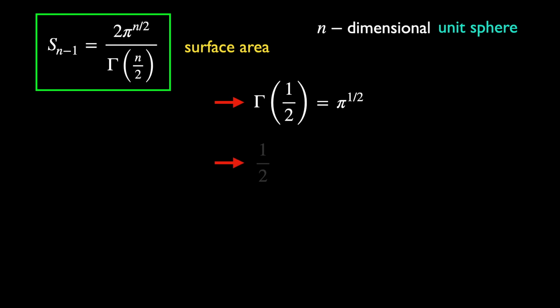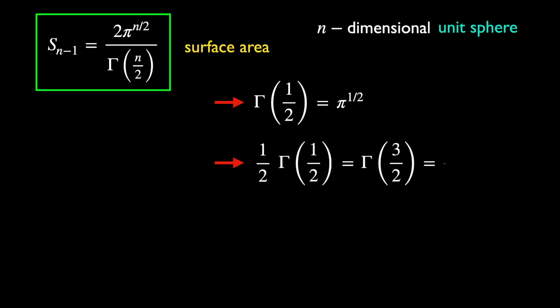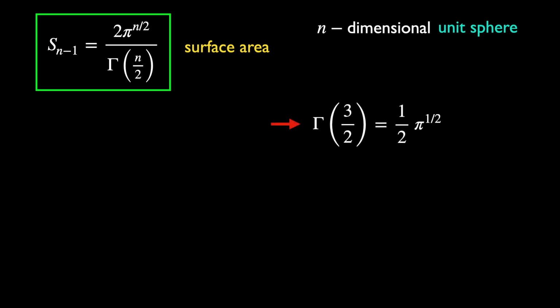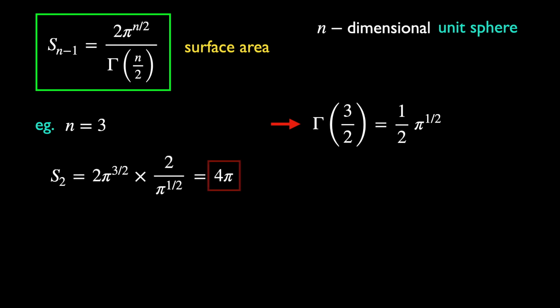By the recursive relation, we can calculate gamma of 3 over 2. This is required for the case of n equals 3, our standard example. Indeed, the surface area of a unit sphere in 3-dimensional space is 4 pi.